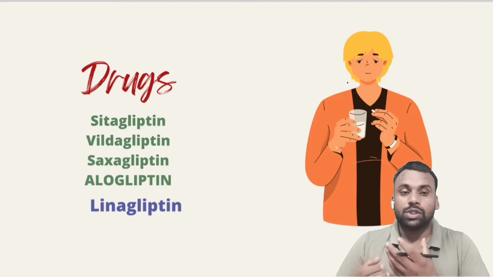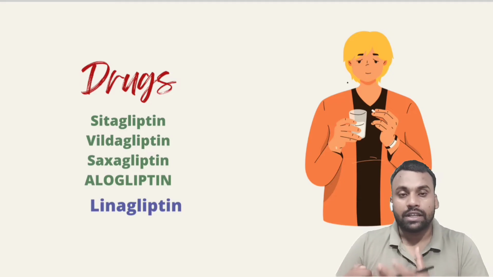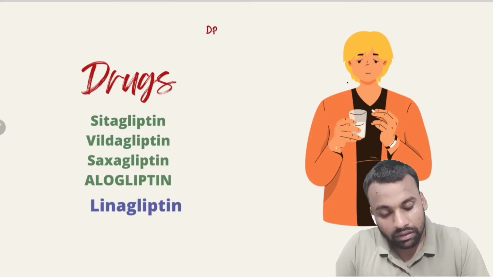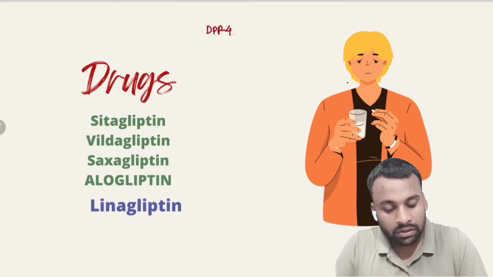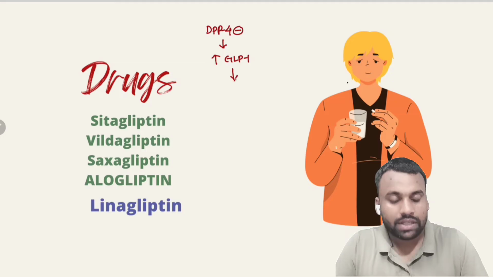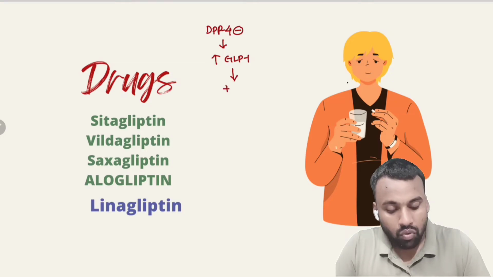If GLP-1 is increased, there will be more activation of the beta cell to release insulin.